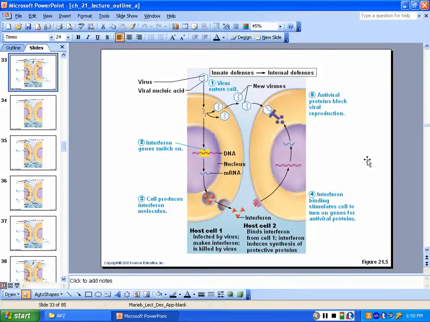So let's think of this process. If you have a virus, and this is just a little bit about how a virus works before you get to micro, okay? Because many of us don't really know how a virus works. The basic concept of how a virus works is a virus gets into your cells, it kind of takes your cell hostage, and viruses cannot reproduce. They have to use your cell to reproduce. So look what they do.